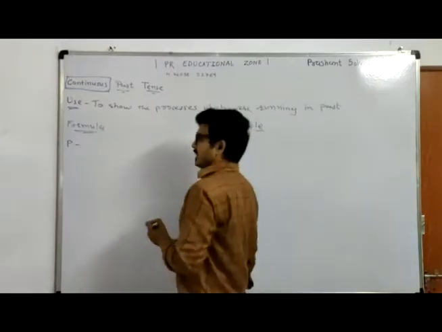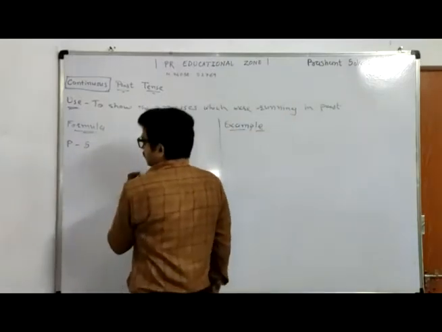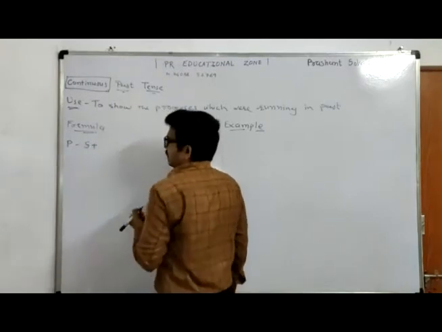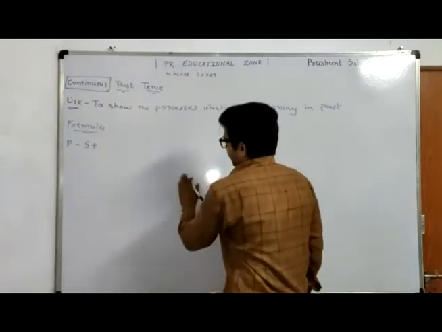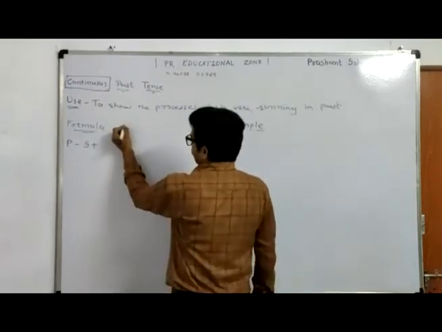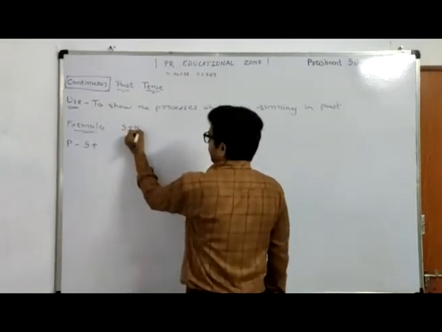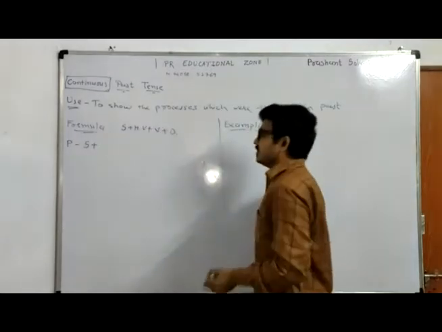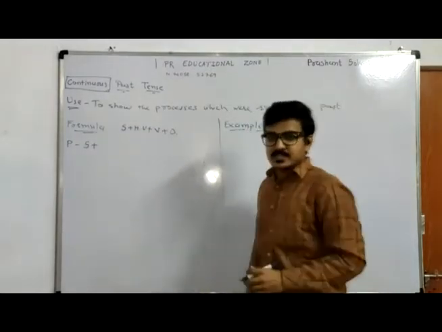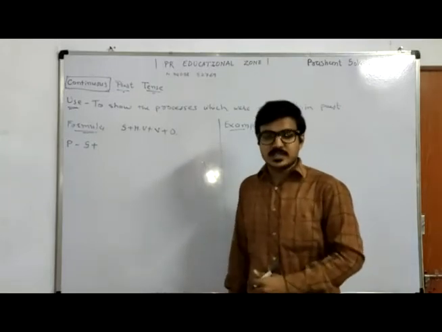In the positive sentence, we use the subject and then the helping verb. Again, I am taking the general formula, which is subject plus helping verb plus object. This is the general formula of any tense for positive sentences.